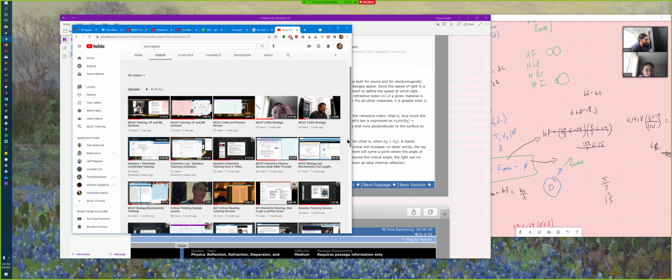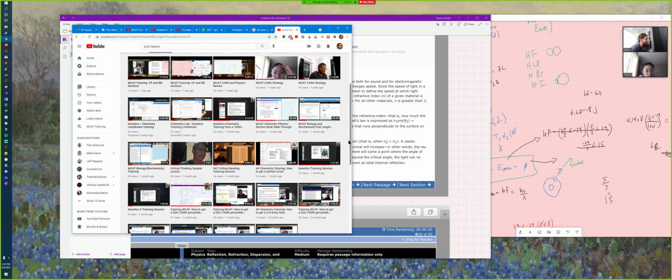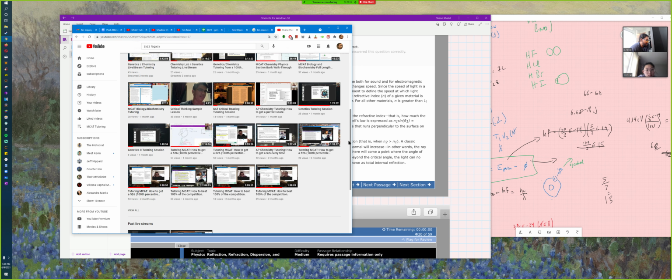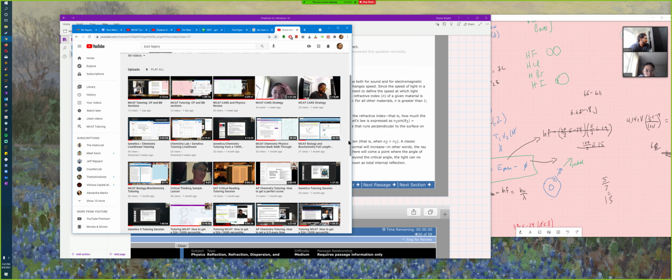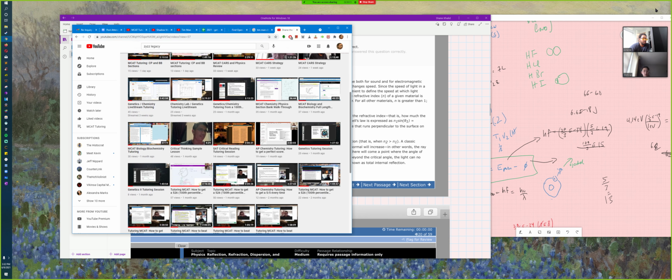It's a really good skill to have. Everything is passage based, so I guess that's why they place such a high emphasis on CARS. Okay, sounds good.